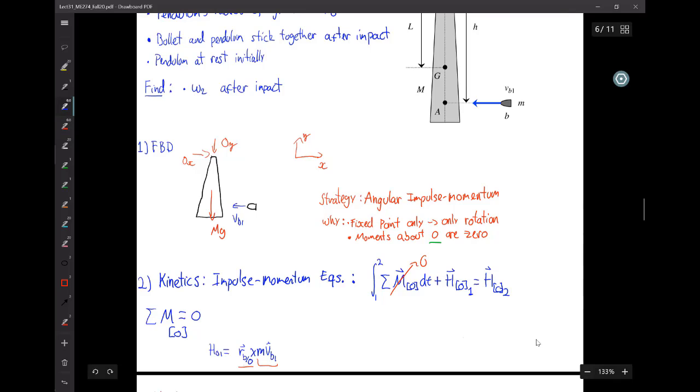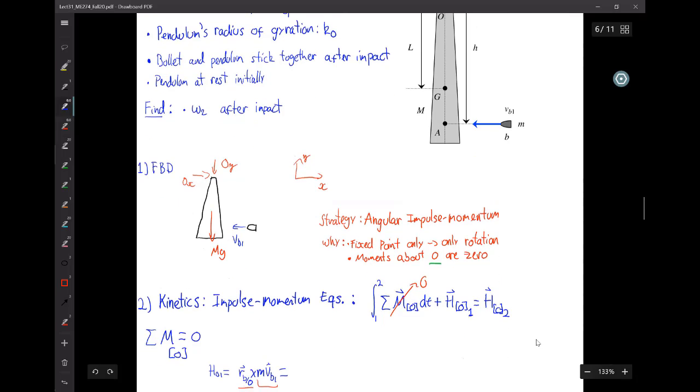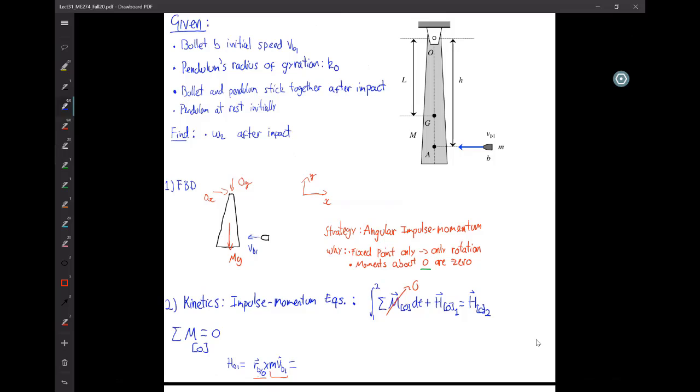Okay, so from the geometry, this is going to be minus h in the j direction, cross minus v_B initial, or v_B1, in the i direction.